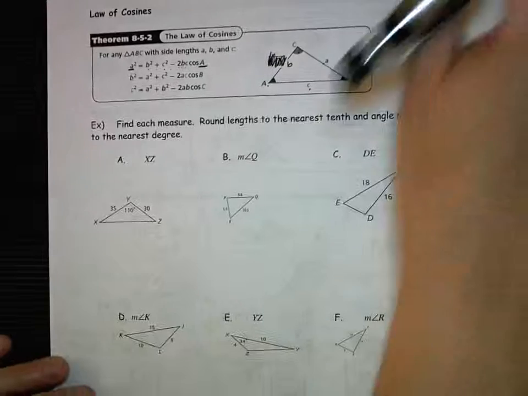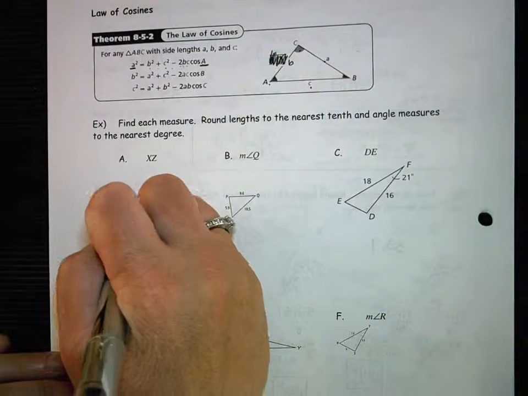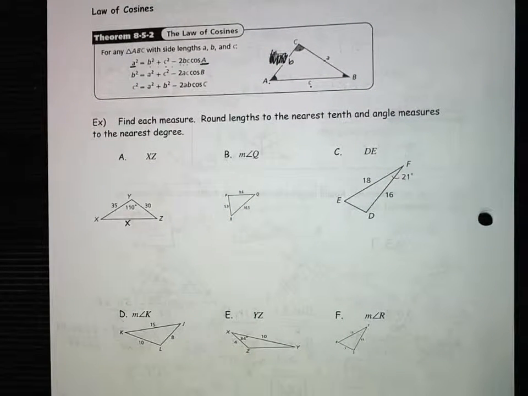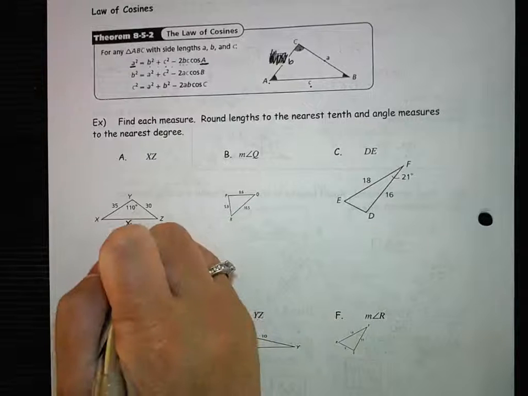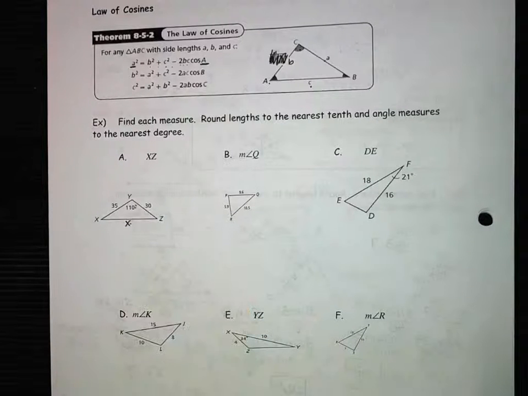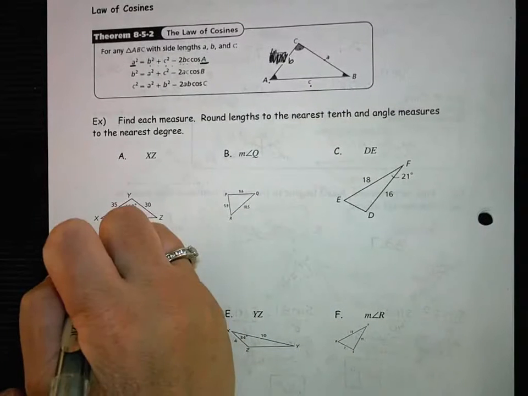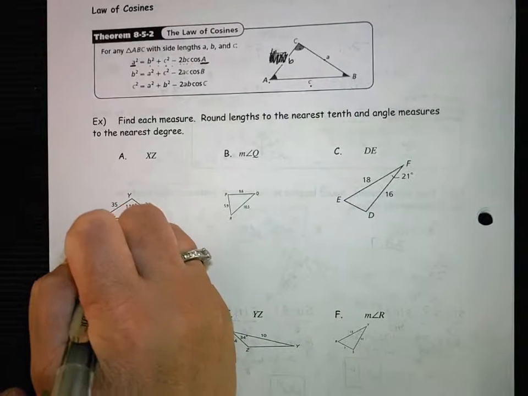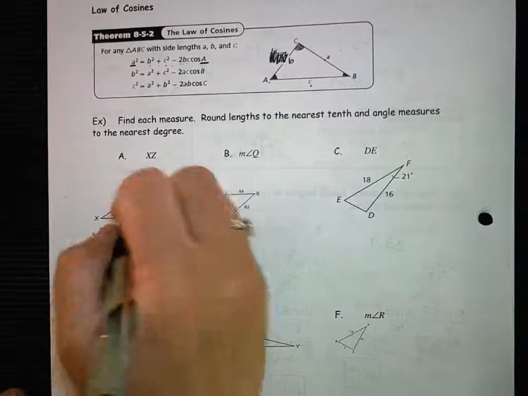So this first one, we're trying to find XZ. I'm going to put an X right there. And remember, this side and this angle are right across from each other. So we will have X squared.